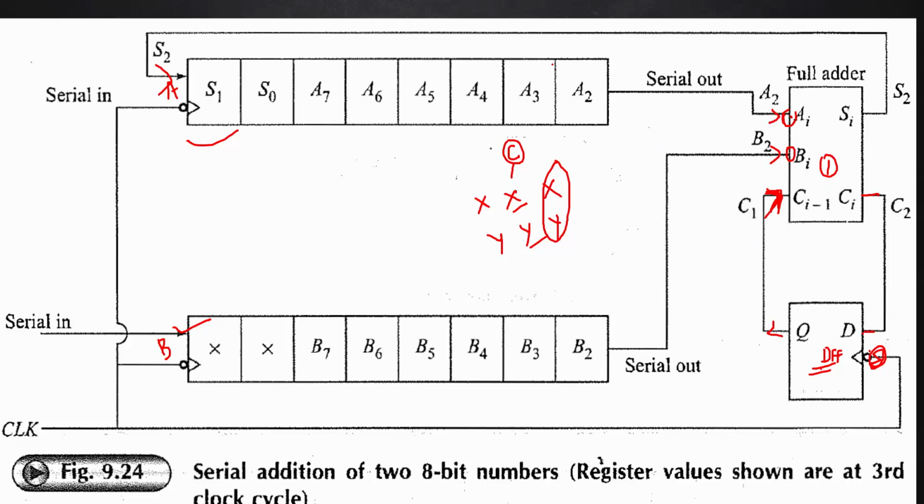So it will perform exactly the expected addition and generate the result, and the result bit will feed back to this A register bitwise, one bit after another, with each clock pulse. This is actually a snapshot of the third clock cycle. This diagram indicates the status after the third clock pulse. That is why this part is blank. That means 2-bit additions have already been done, and after the third clock pulse this is the status.